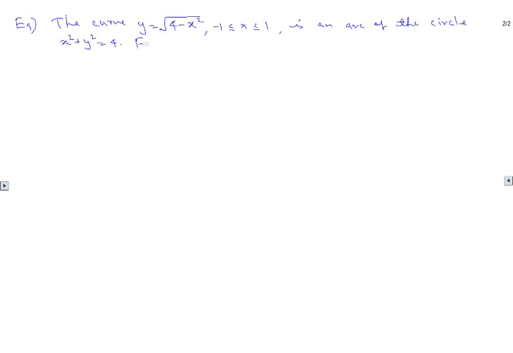So find the area of the surface generated by rotating this curve about the x-axis.